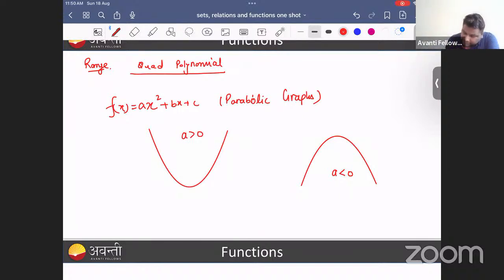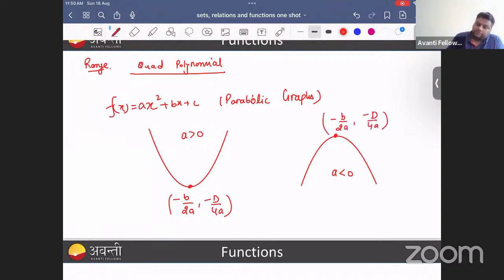In any case, this bottom point or this top point has coordinates minus b by 2a, minus D by 4a. And if I use the method of completing the square, we get this bottom and top point. Here also the top point will be minus b by 2a, minus D upon 4a.